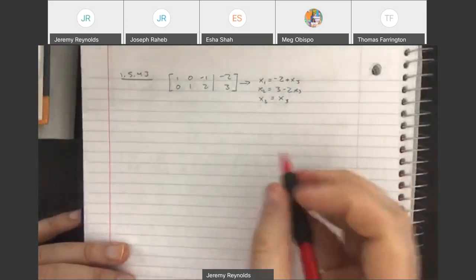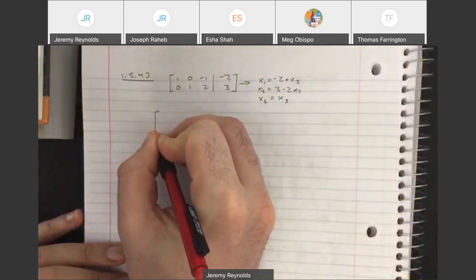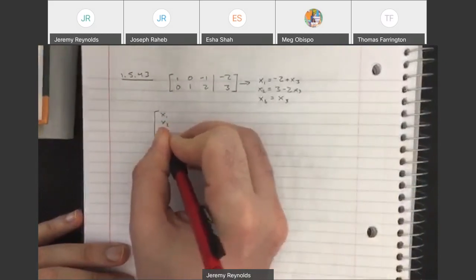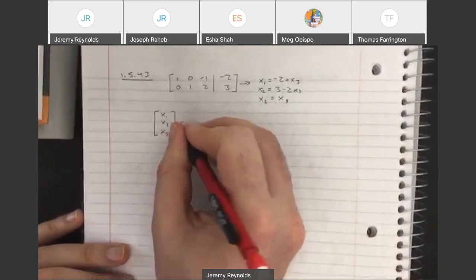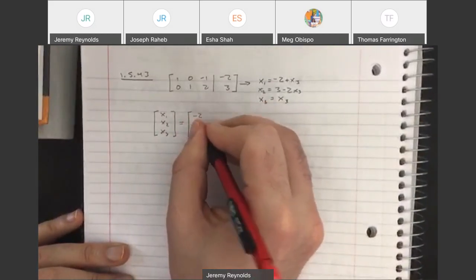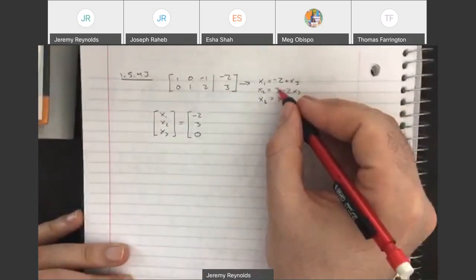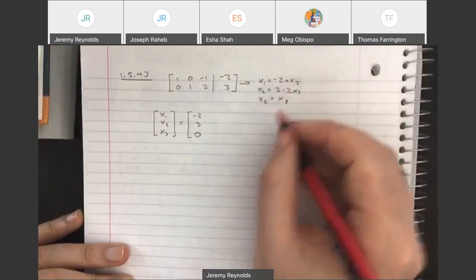But we can write it another way, and that's just as column vectors. So if we have x1, x2, and x3, knowing what we know about matrix addition now, we could also write this as -2, 3, 0. So you see I just took the scalars out of here, the ones that are by themselves.